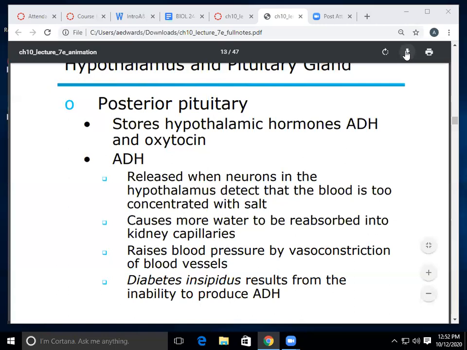A diuretic makes you urinate. So anti-diuretic sort of prevents that. It's reabsorbing that water and keeping your kidneys from filtering it out and sending it to your bladder.